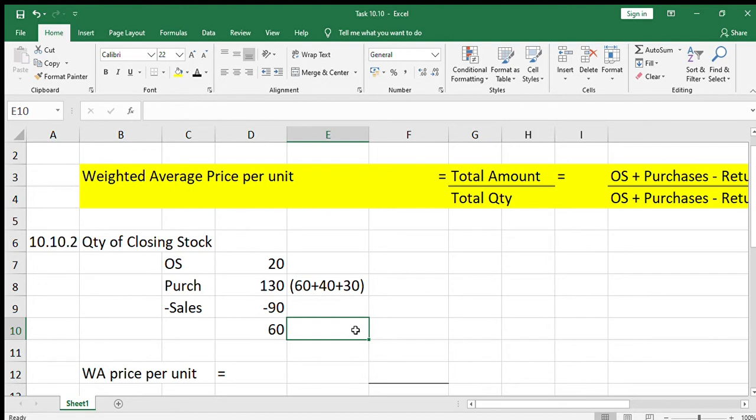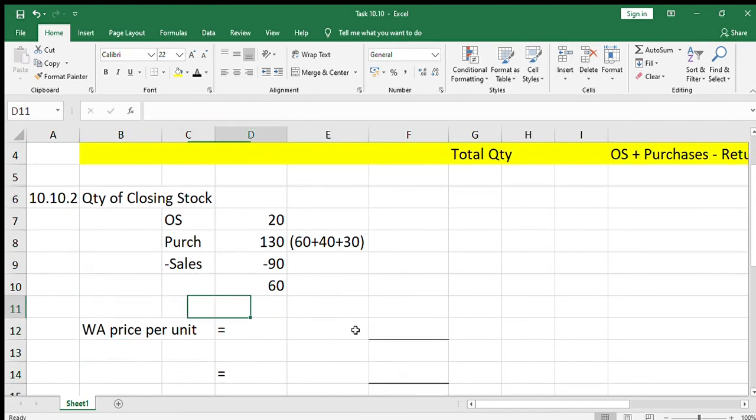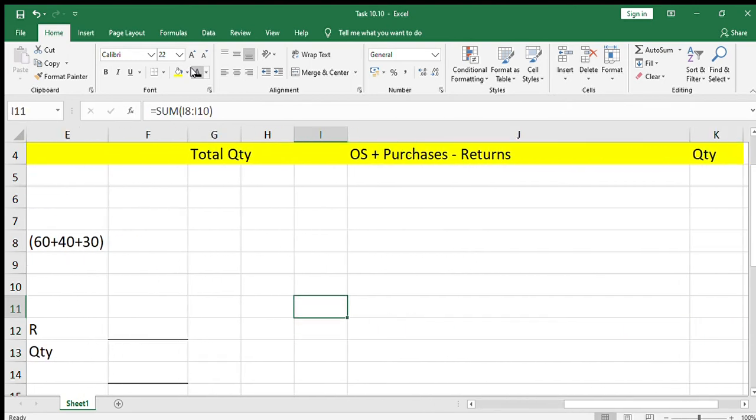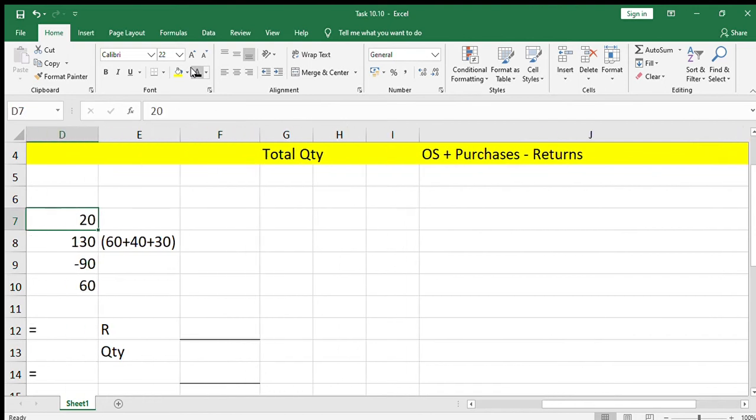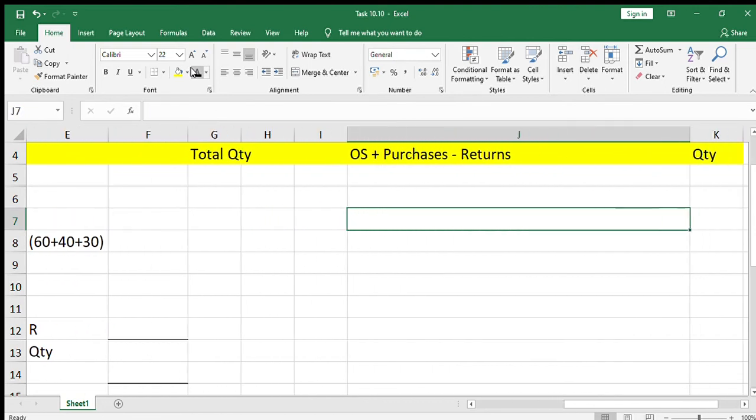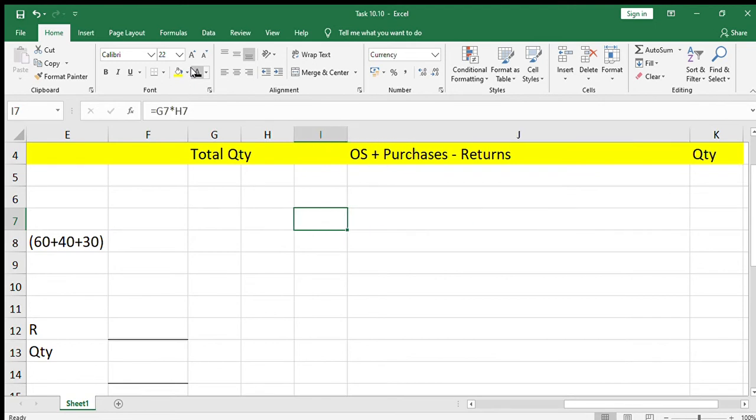Once we have this, you would have done the same whether you were doing any valuation method. We now calculate the weighted average price per unit. If you look at my formula above, it's the total amount, which is the rand value, divided by the total quantity. Let me do some calculations here quickly.